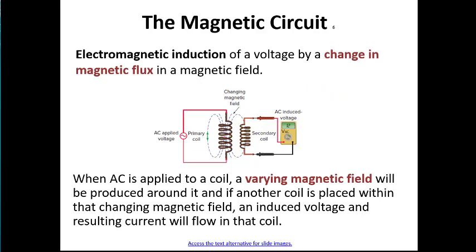A coil of wire will do the same thing, but much more efficiently. And so this is kind of the basis for making a transformer. We have a whole section on that in this class coming up later. But the idea is if I take a varying magnetic field and put it next to an electromagnet, it'll produce a varying voltage on the other coil.